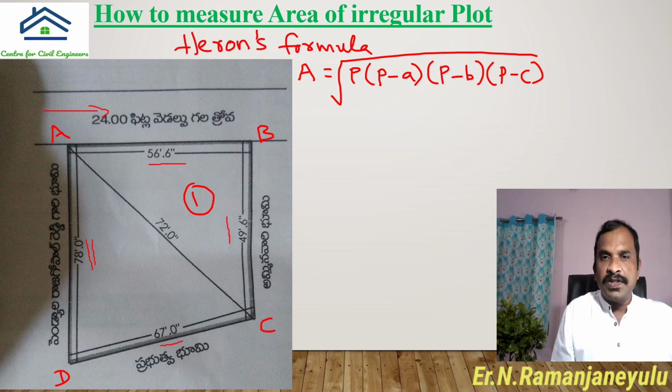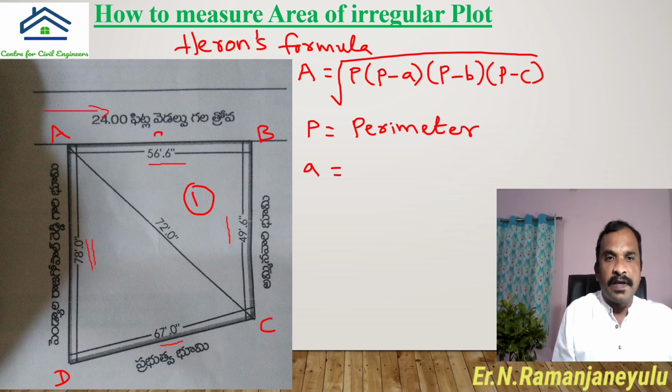Here P is equal to the semi-perimeter of the triangle, and a is equal to the distance from A to B. This is the a distance, 56 feet 6 inches.